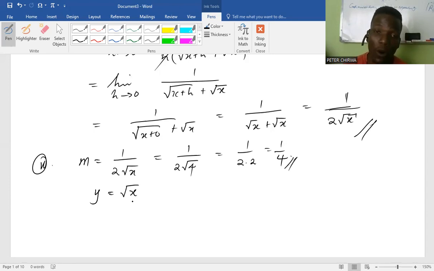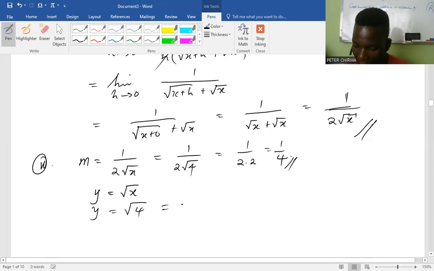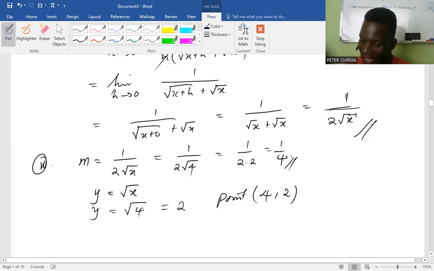But for us to plot a point, we must have x comma y, two coordinates. So how do we get the coordinate for y? It's just substituting the coordinate of x into the function, and then we get y equal to 2. So the point here is (4, 2), and the gradient is 1 over 4.